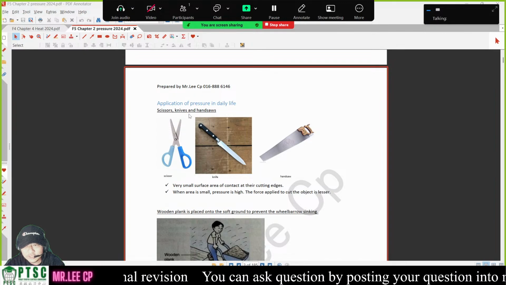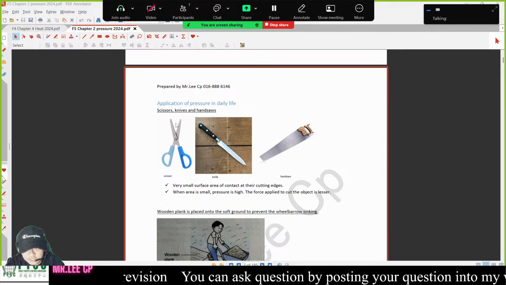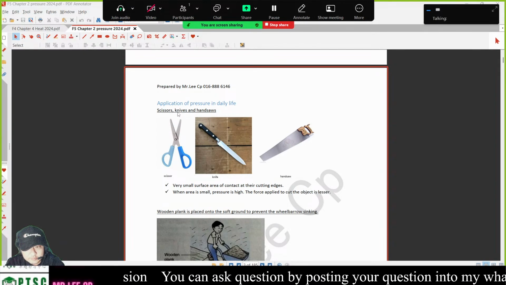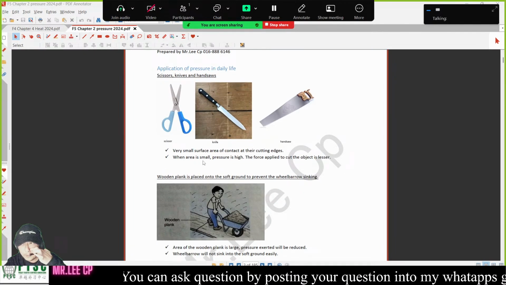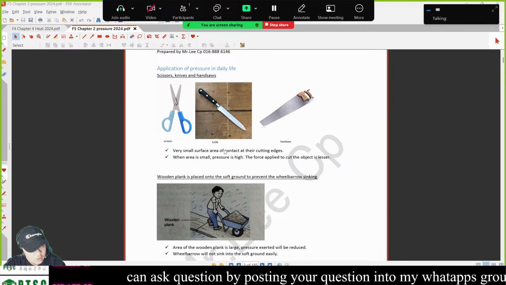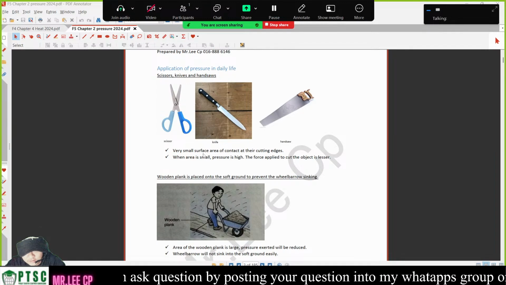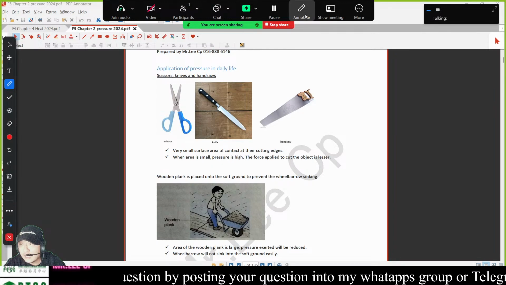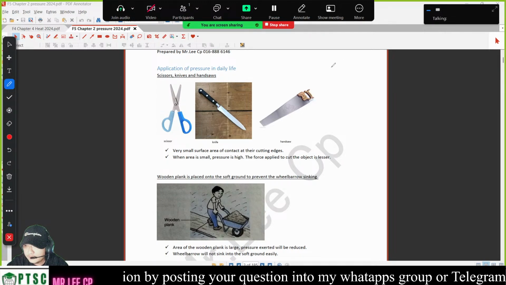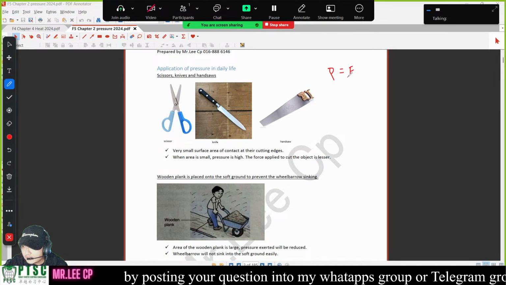For example, scissors, knife, handsaw: they are sharp, so the contact surface area is small, so the pressure is high.